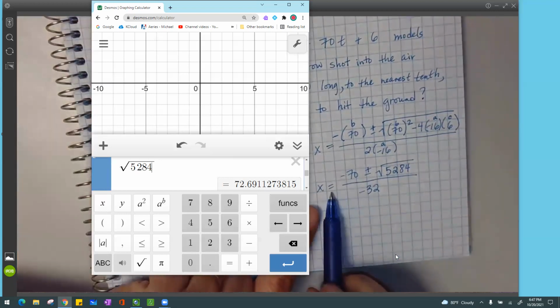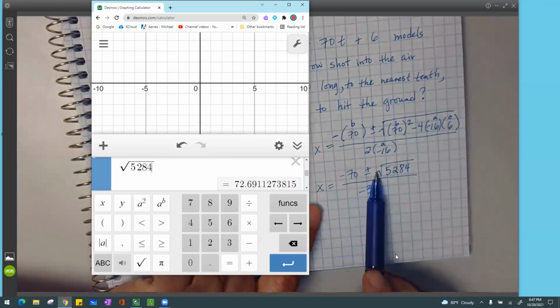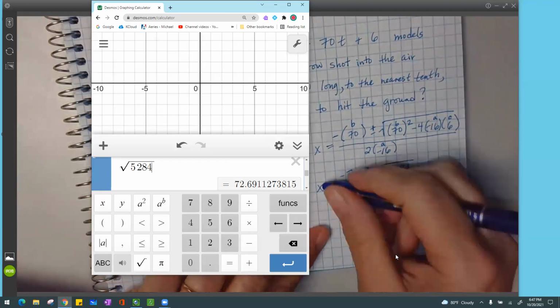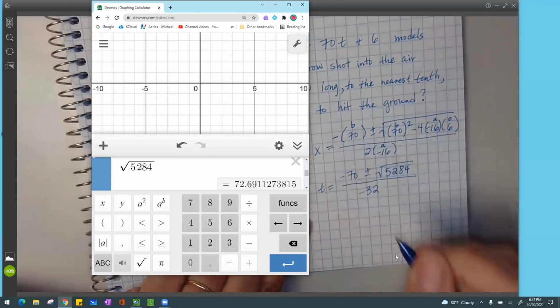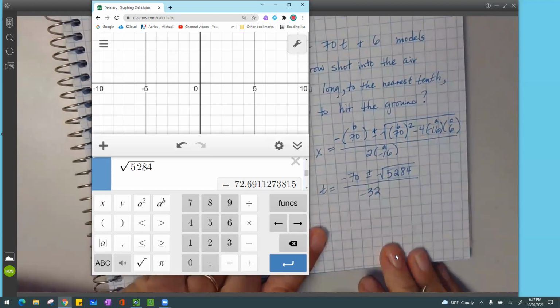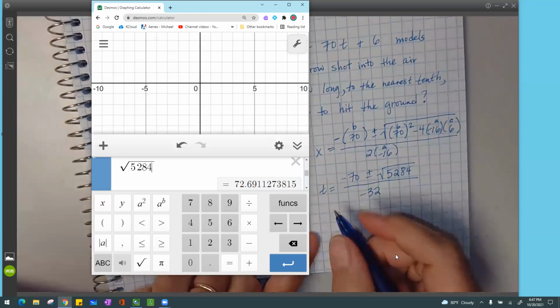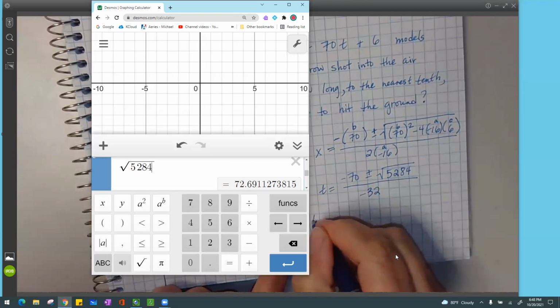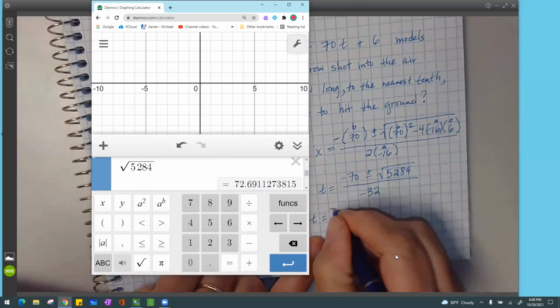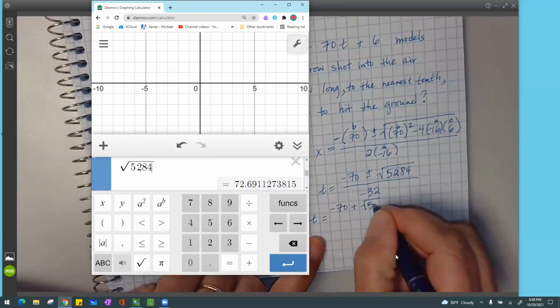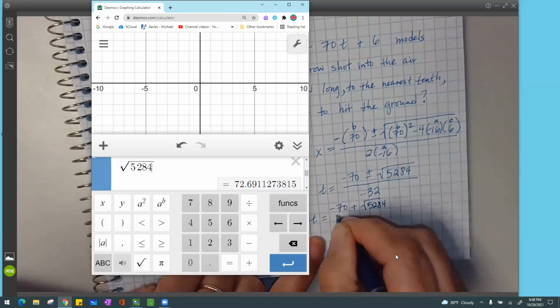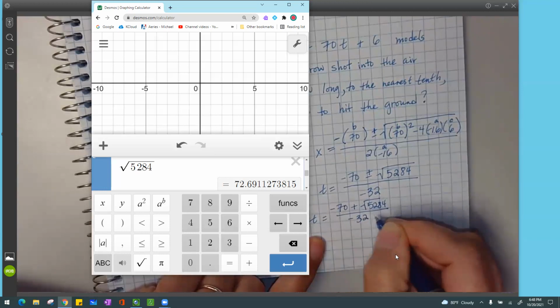I'll go ahead and split up my x numbers, my times. You could write it as t because that's how the equation is written. Time in seconds will be -70 plus the square root of 5,284 divided by -32.